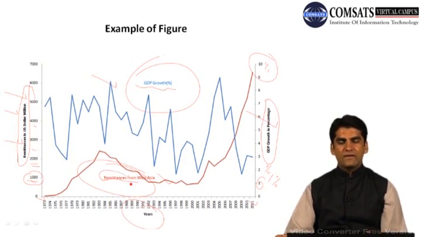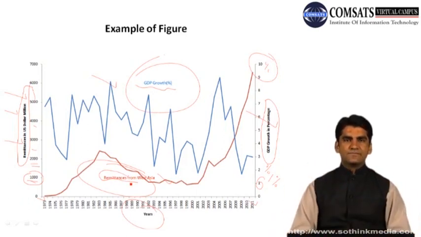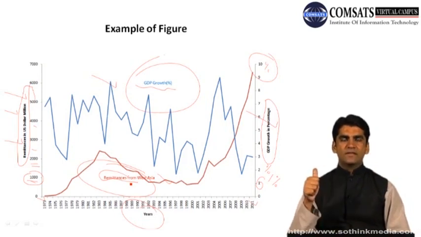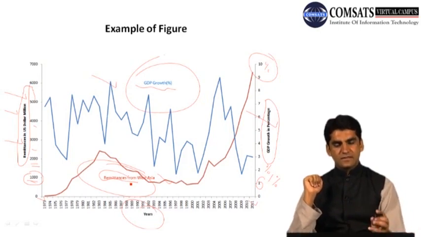Now we have to see, according to our criteria, what is missing from this figure. Number one, the first thing that will come into your mind, where is the title?